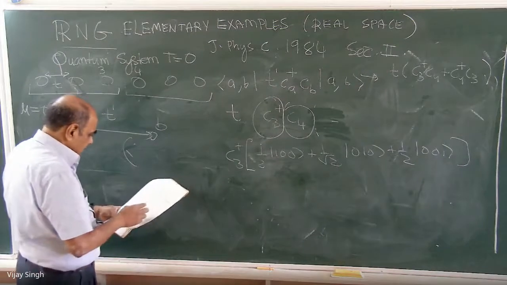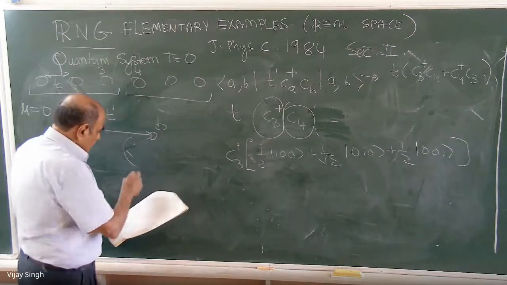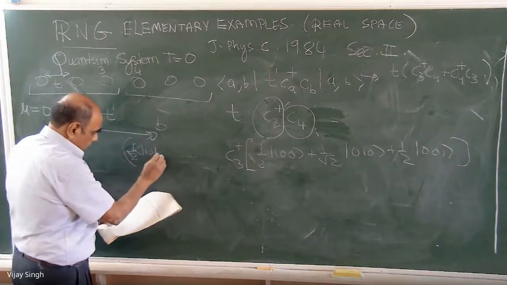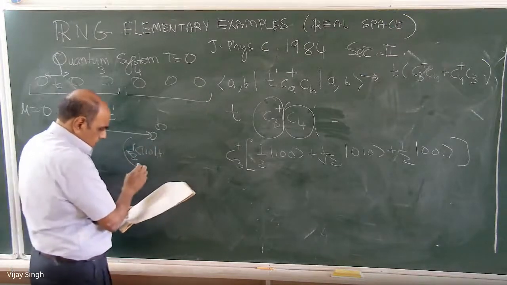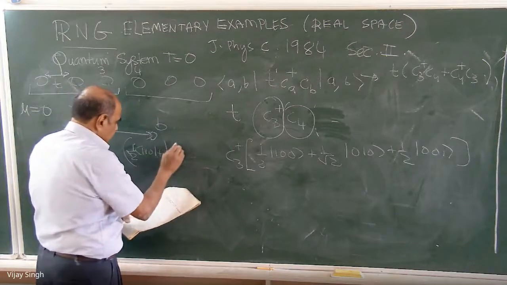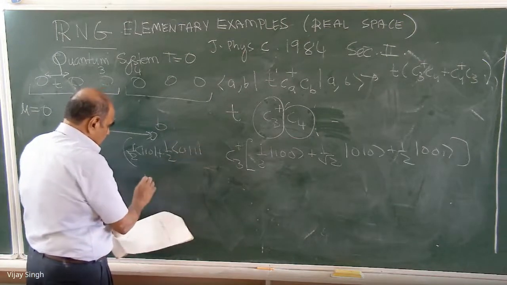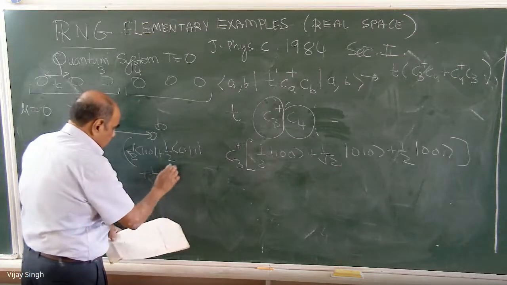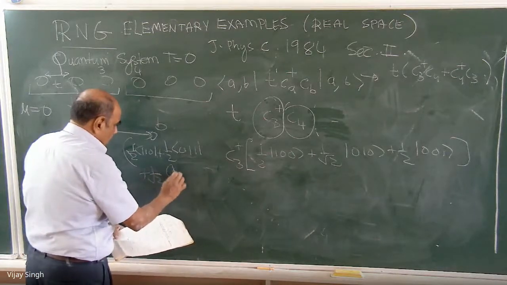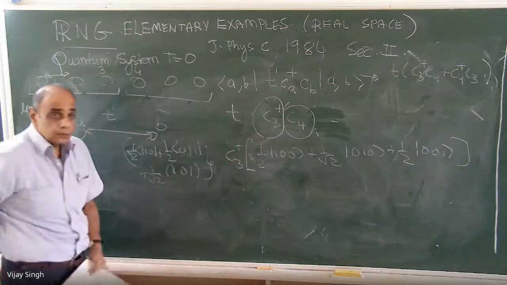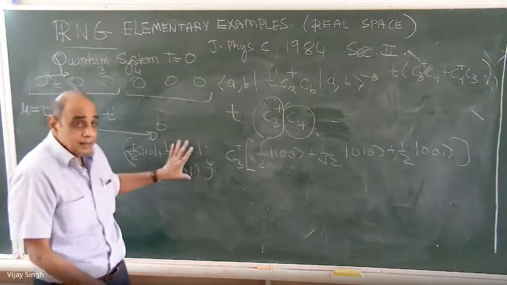It will be basically R 1 1 0 plus R 0 1 1 plus 1 by root 2 1 0. This would be the double occupancy.